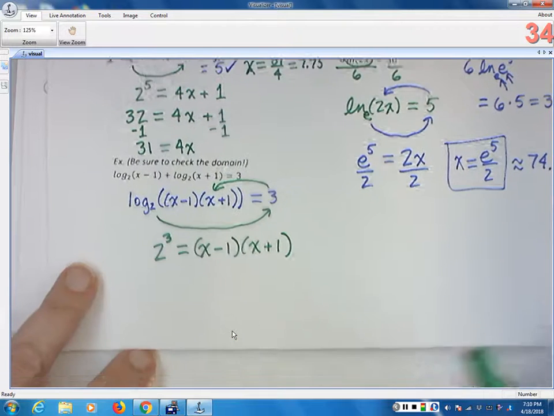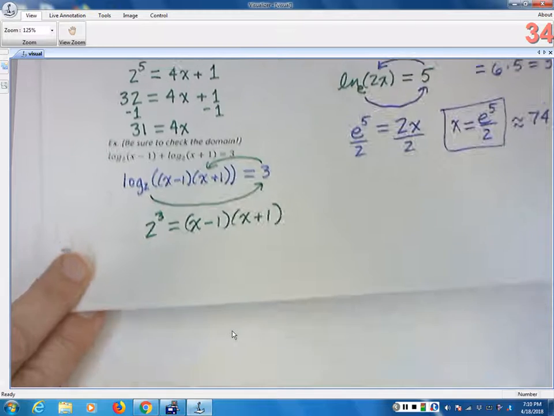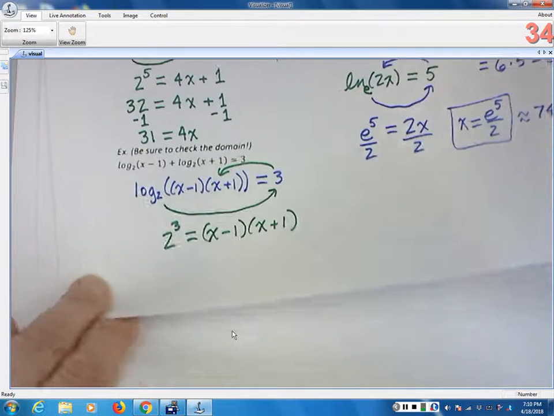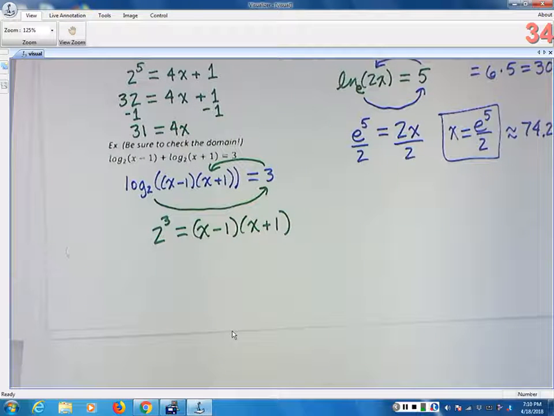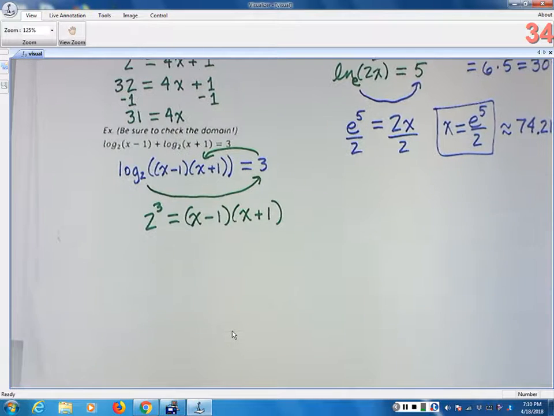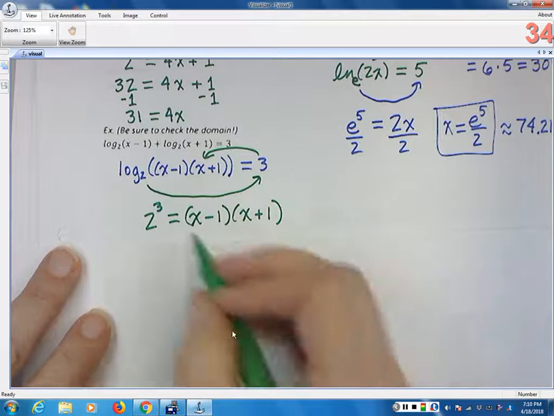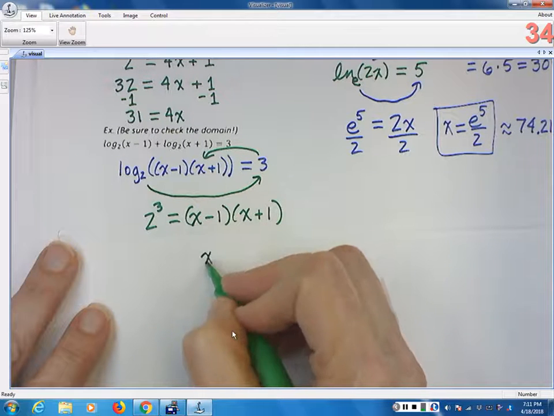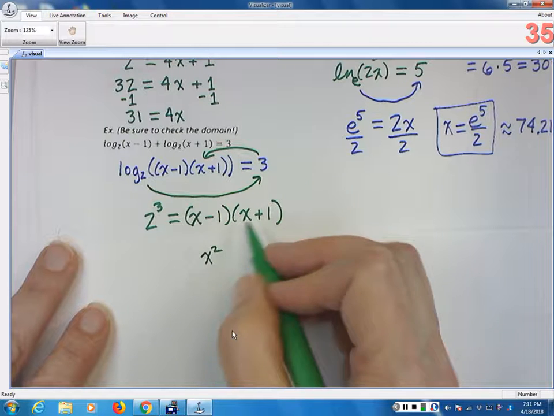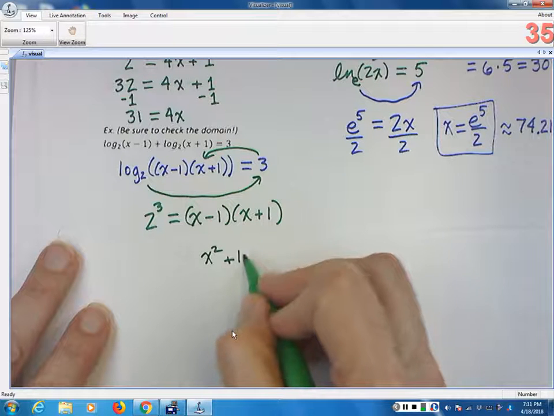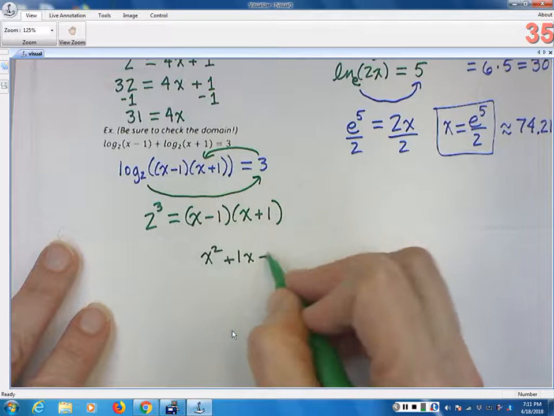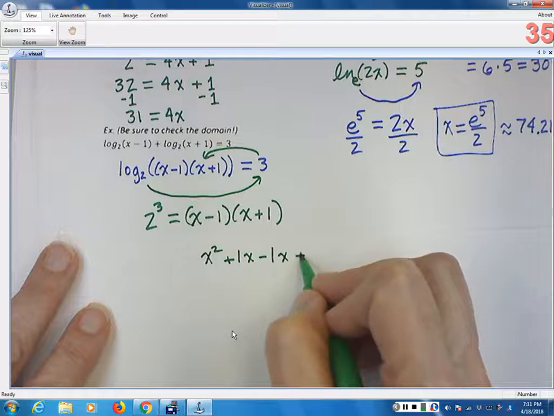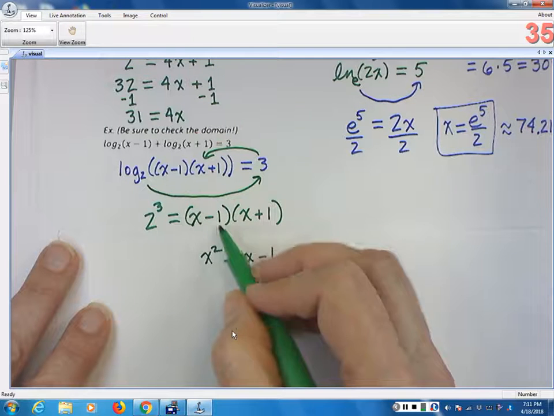So I don't mess up my paper too much, I can show you. x minus 1 times x plus 1. If you FOIL it, you get x squared, plus 1x, outer term, minus 1x, and minus 1.